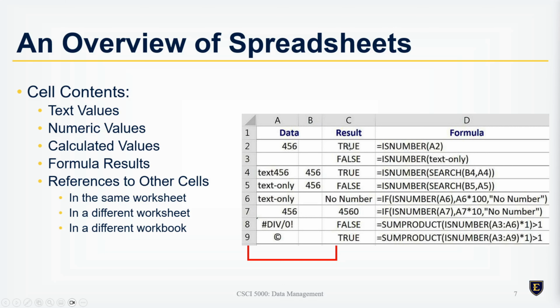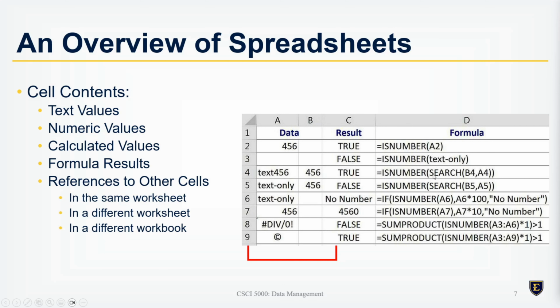So here the result is true. It's checking ISNUMBER for text only. Text only is a named range or a named cell, and it's false, so whatever range this is evaluating to, there isn't anything associated with it there.